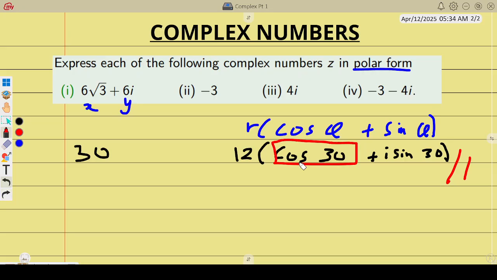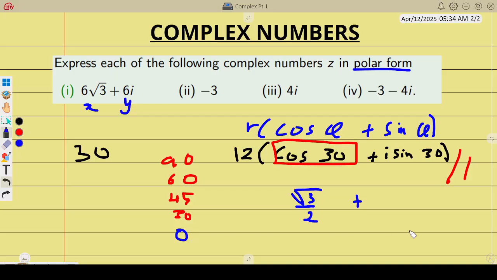What is cos 30? So this is more of revision. If we want to find cos 30, it simply means we count the number of items above 30. So 1, 2, 3, meaning cos 30 is root 3 over 2 there, and then plus sin 30, the number of items below 30.